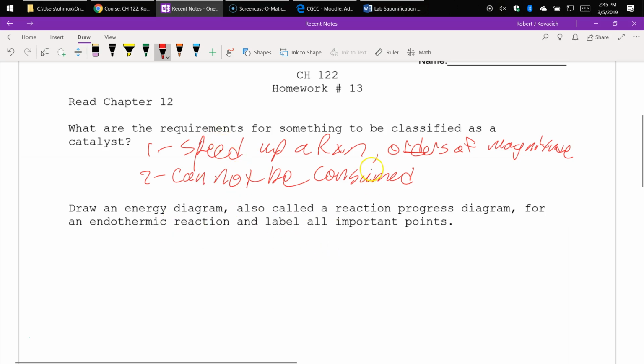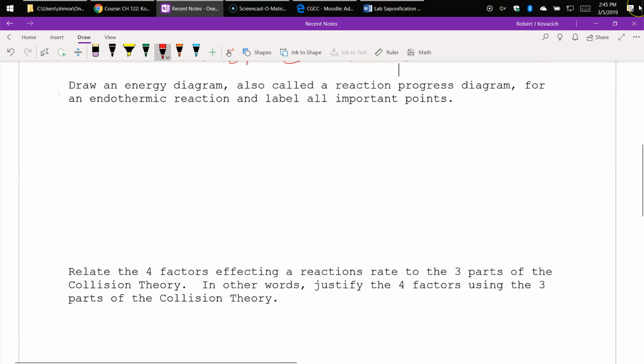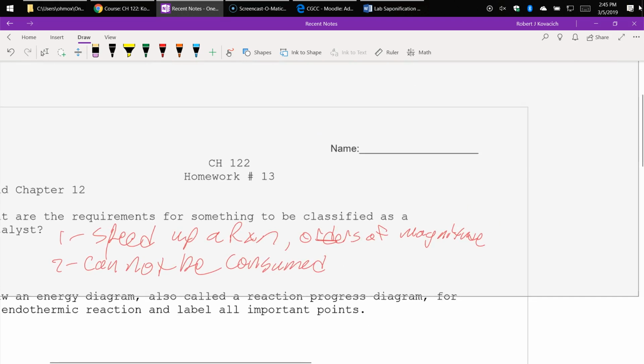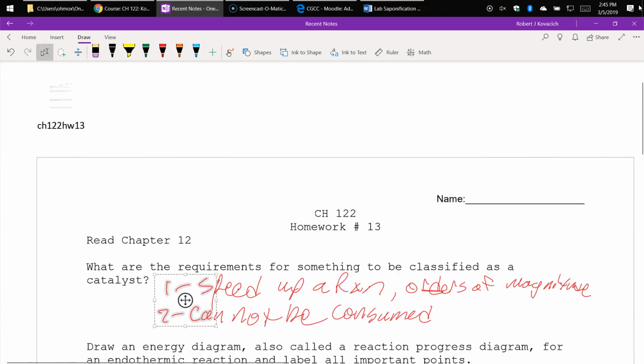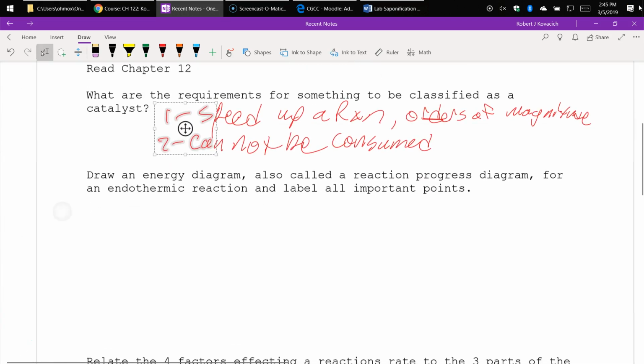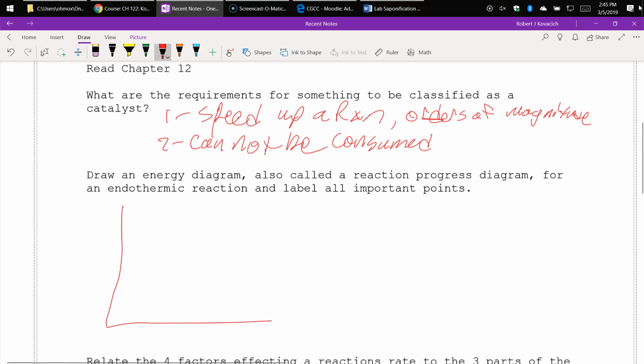Energy level diagram for a reaction, a progress diagram for an endothermic reaction. Okay. So what's going on here?